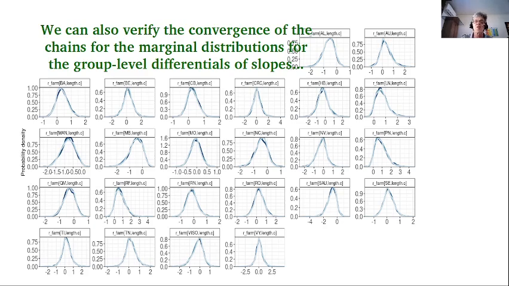Here is for the slopes. This is for the group level differences of slopes. So we see that for each of these group level differentials of slope, the parameters B1 in the previous slide, we not only obtain a marginal posterior distribution for each of them, but these posterior distributions have converged for the 3 chains to the same common posterior distribution.